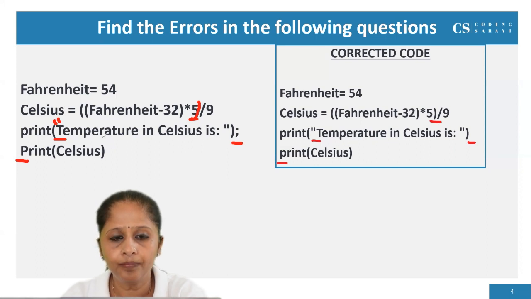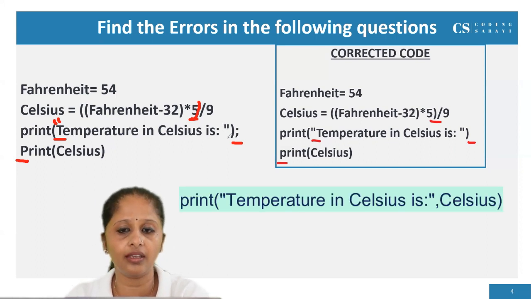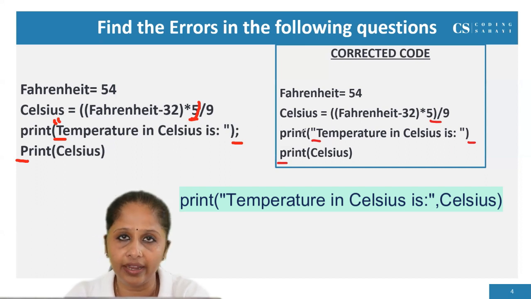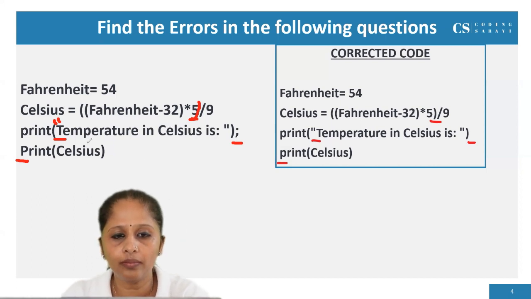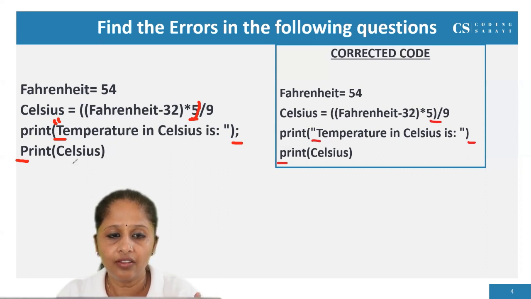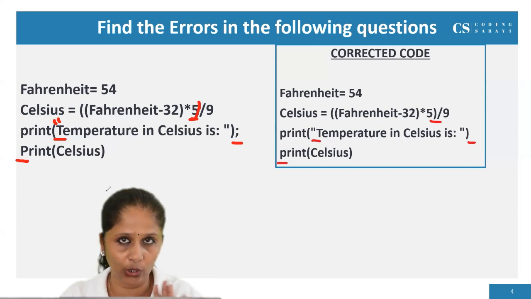It's not an error. See, normally we are writing temperature in Celsius is and giving a colon, closing the quotes and comma, and the Celsius we are writing there, right? So that one we can write in 2 lines, no problem. Here temperature in Celsius it will print in the first line and the value of Celsius will be printed in the next line. So no problem, that is not an error.